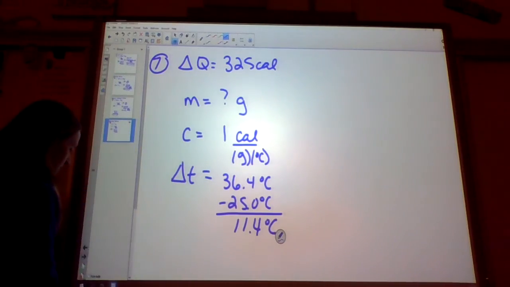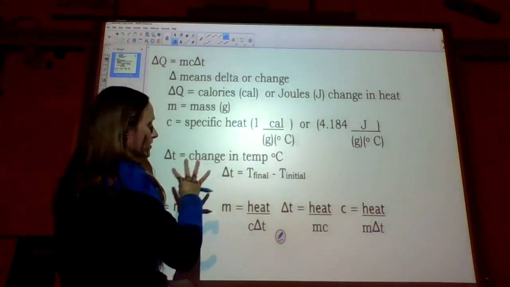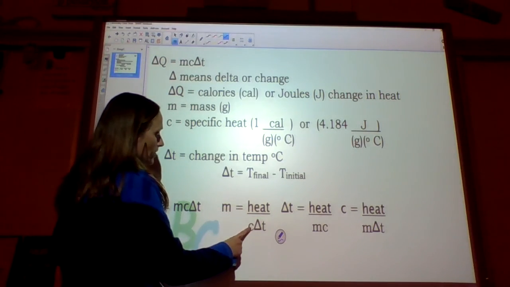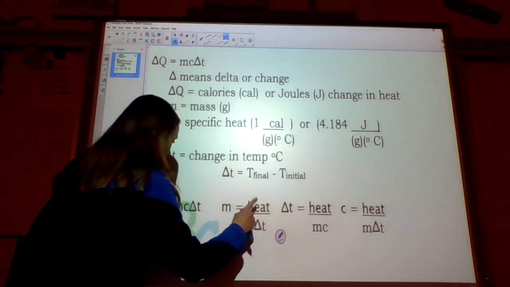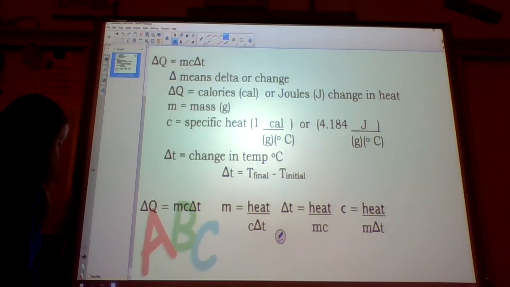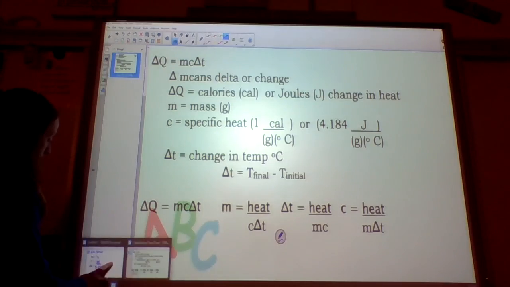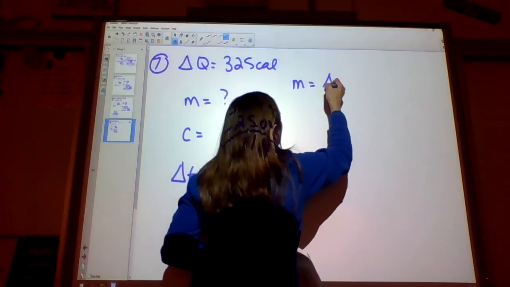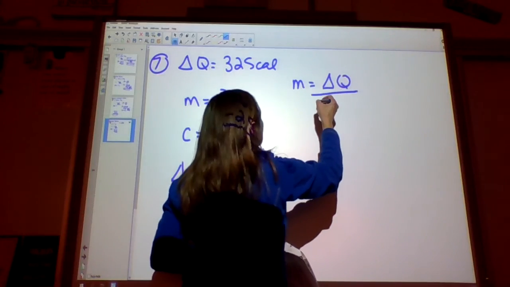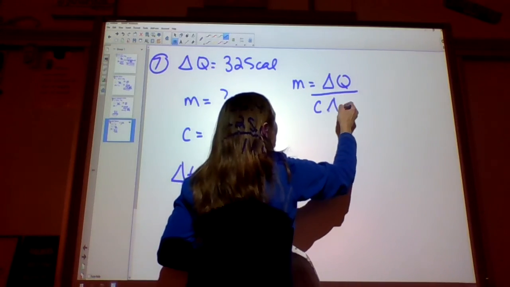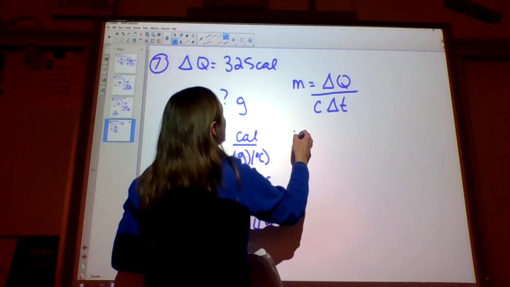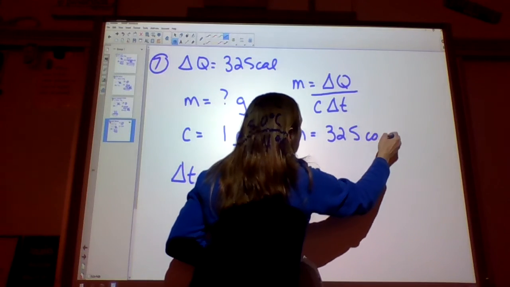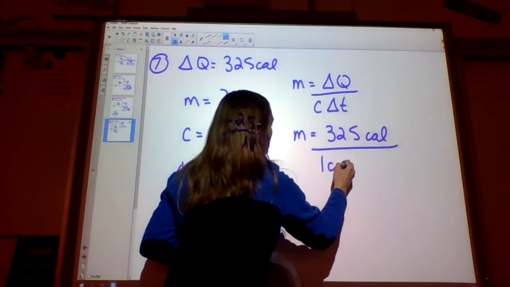So since we're solving for M, we're going to go to our cheat sheet and find our M formula. So that's going to be our heat over C times your change in temperature, or what my past students have referred to as the CAT formula. So the heat, or delta Q goes on top, and specific heat and change in temperature will go on bottom. So 325 cals all over 1.